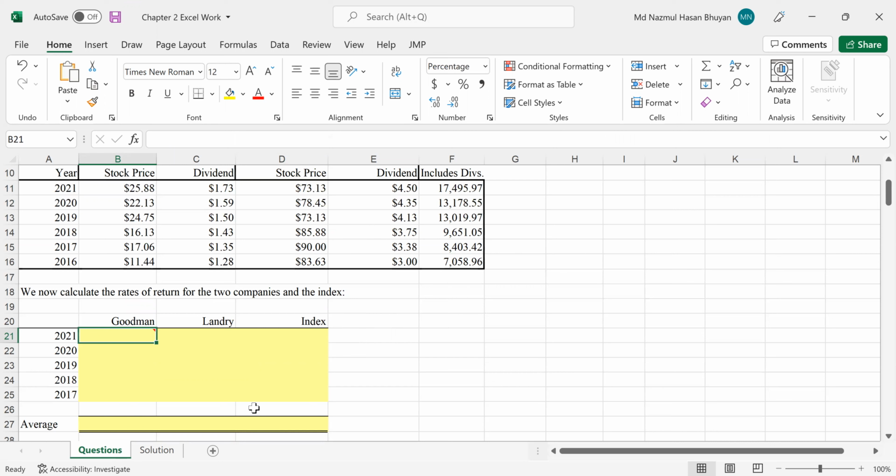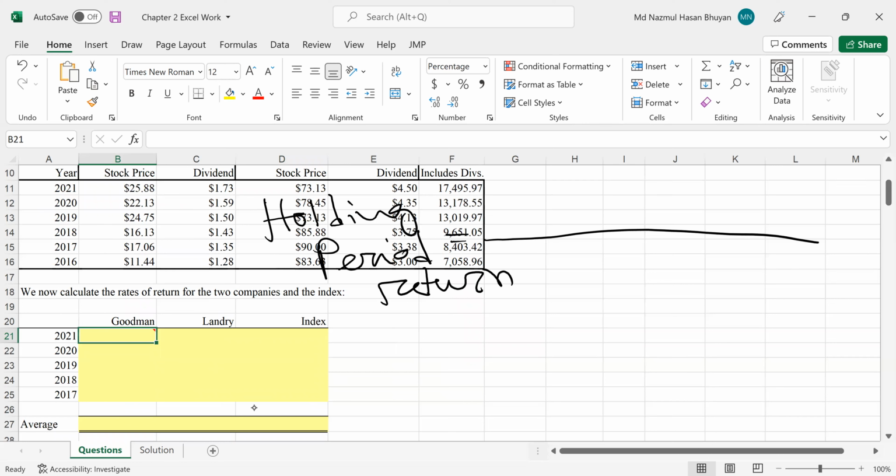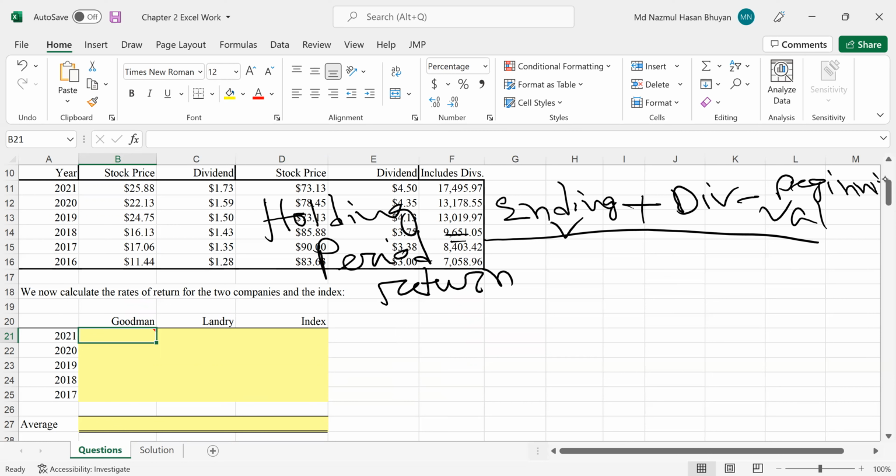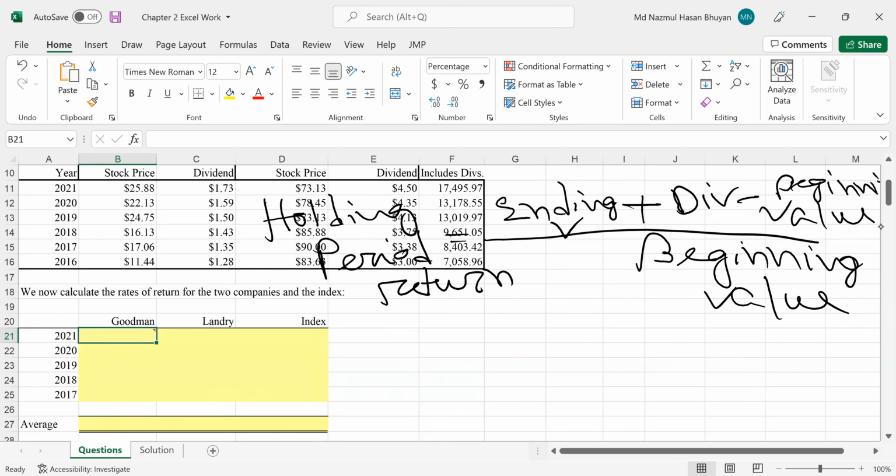Now, the formula for holding period return is ending value plus dividend, if any, minus beginning value divided by beginning value.